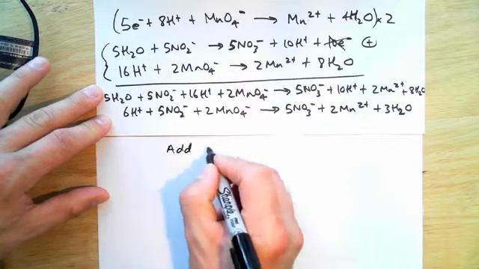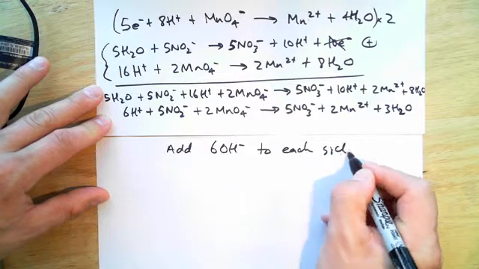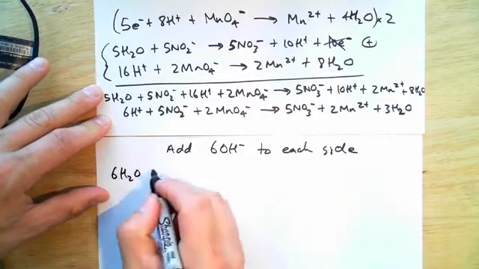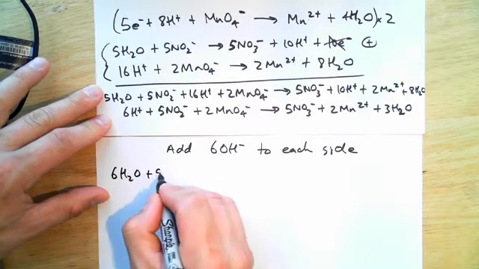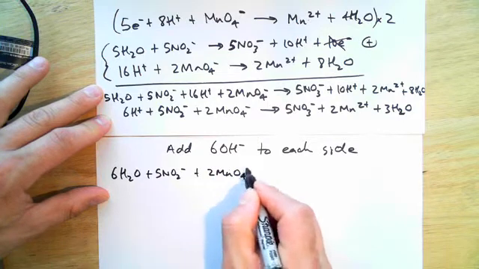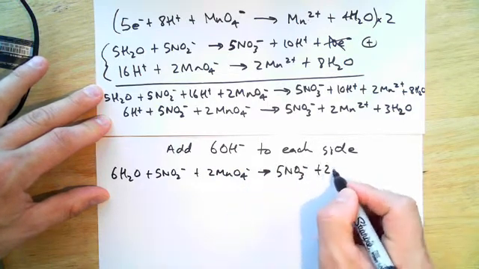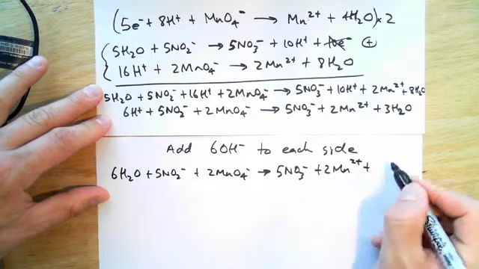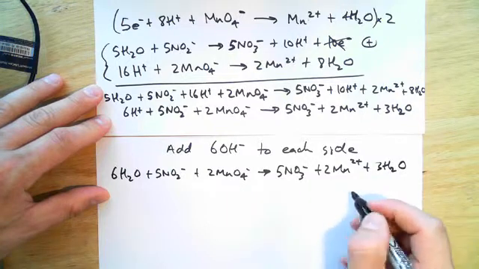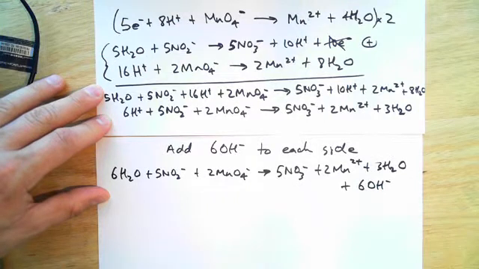So this will become 6 H2O plus my 5 NO2 minus plus 2 MnO4 minus going to 5 NO3 minus plus 2 Mn2 plus 3 H2O, okay, plus my 6 hydroxides.